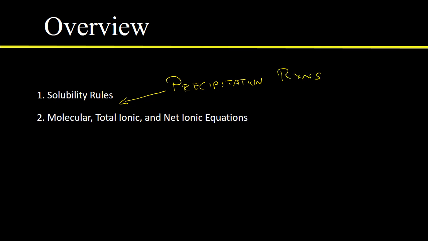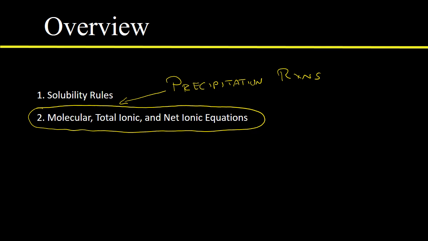And once we talk about precipitation reactions in general, then we'll talk about molecular reactions, total ionic reactions, and net ionic reactions. These three types of reactions are all different ways of writing these precipitation reactions. In fact, these are 3 different ways of writing most of our reactions in aqueous solution. Okay. All right.